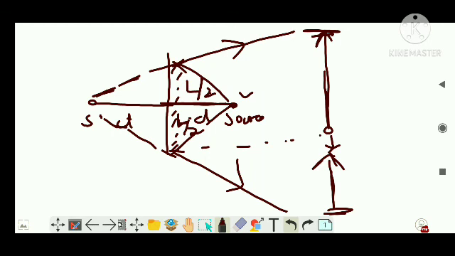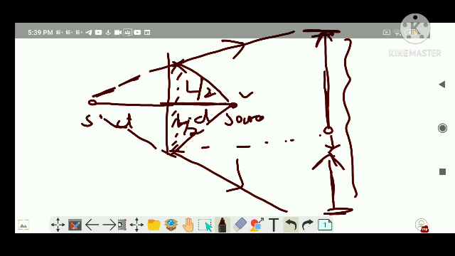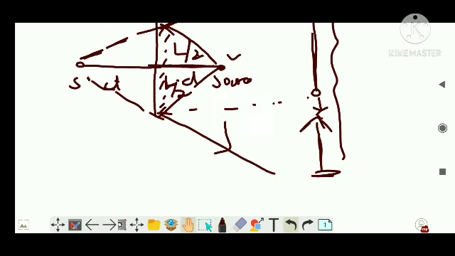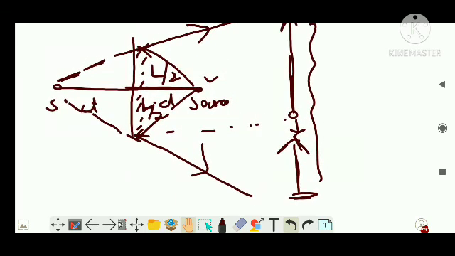So you have to find this much distance. How would you do it? Same as before. I will take some points between. Let's name it: this is P, this is Q, this is R.